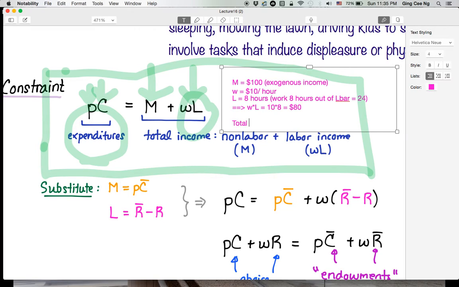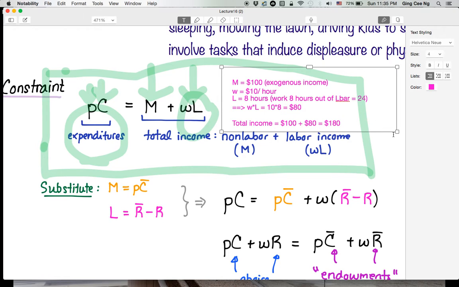So your total income is equal to 100, the income that you got from the sky, your endowment of income, plus your labor earnings, which is 80. So that's $180. So your total income, now that you've decided to work 8 hours out of the day, is $180, and you can spend that entire $180 on consumption goods, P times C.